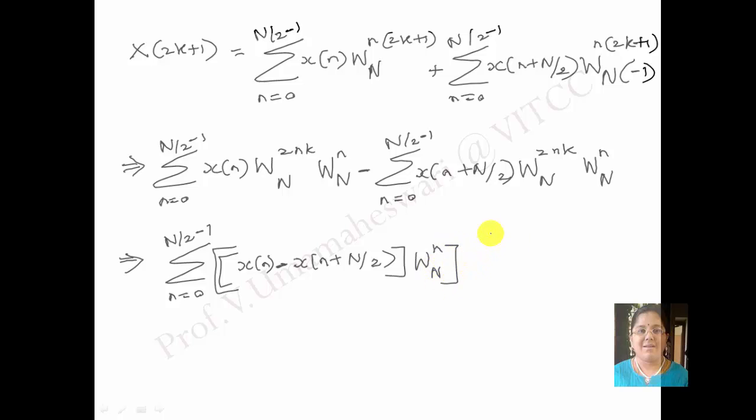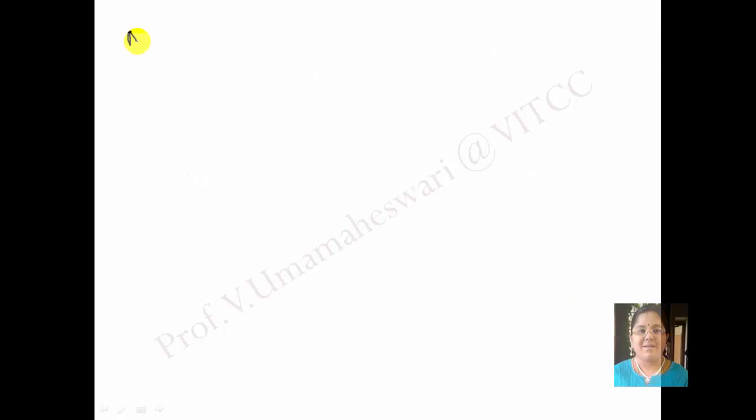Then finally w n k to the base n by 2. So again we are going to introduce another signal d of n. So ultimately x of 2k plus 1 will be d of k, because this is n by 2 point DFT.